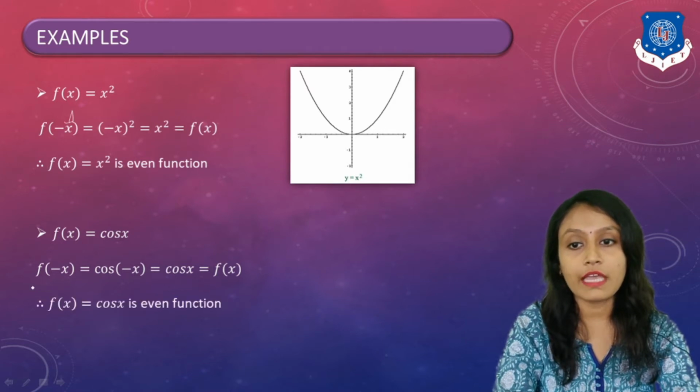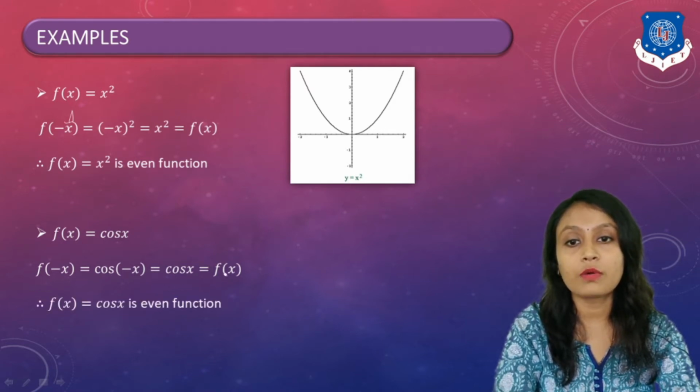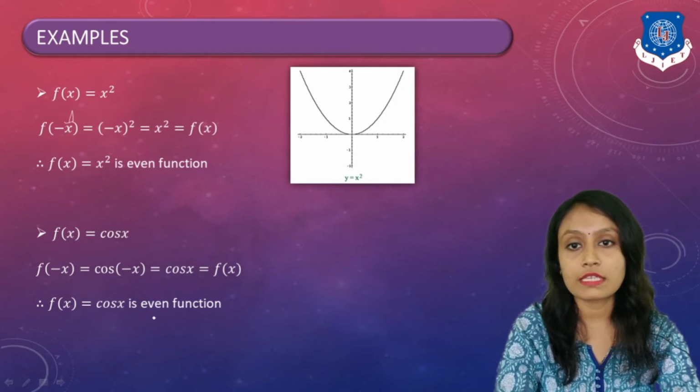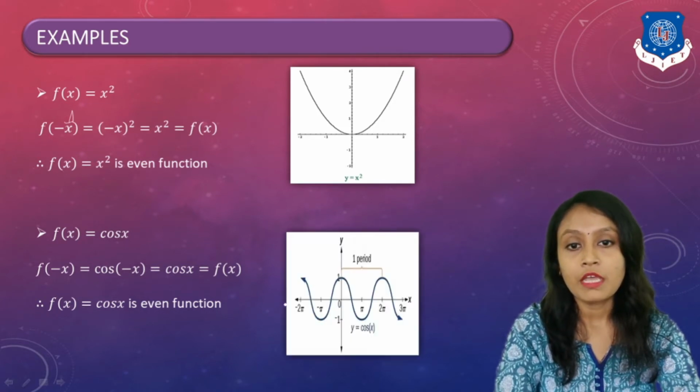So again we have f(-x) is equal to f(x). Therefore the function f(x) equal to cos x is even function. The graph of cos x is again symmetric about y-axis. So the even functions are always symmetric about y-axis.